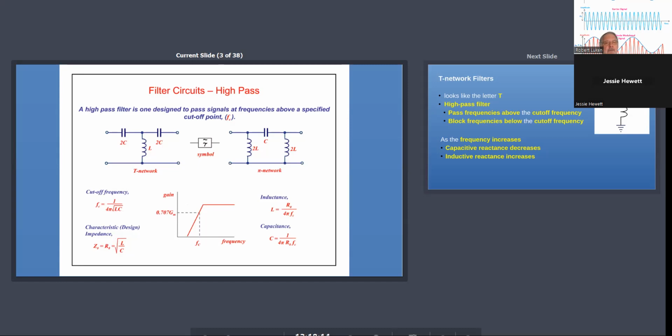And the reason, if you notice in the cutoff frequency, you got 4 pi in there, is because the way they're showing the circuit is 2C as opposed to just C. So that's why it changes the formula a little bit.